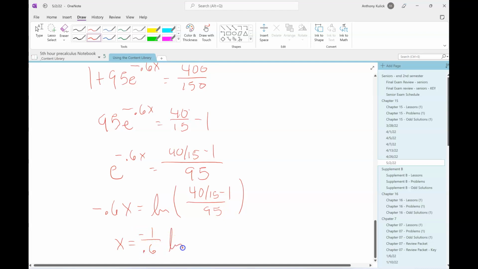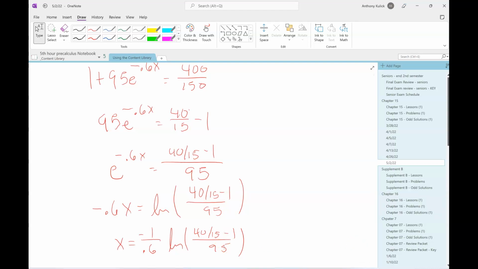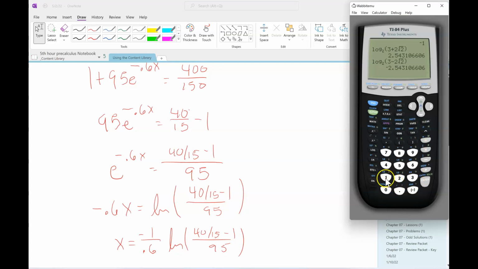It's going to be a little bit easier to write that if I just think about it as multiplying by a reciprocal, though. So I'm going to write it that way. Is that okay? Now it's calculator time. So I have 1 over negative 0.6 times natural log.